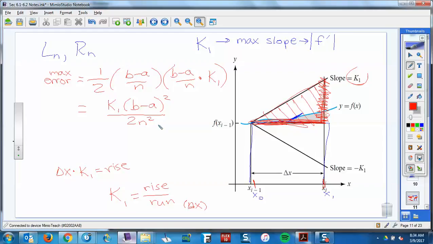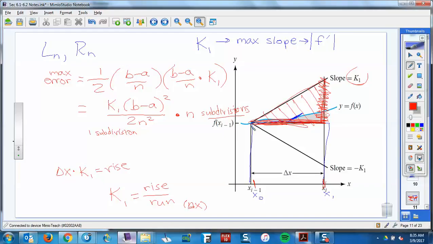But now that's for only one subdivision. This is the error for one subdivision. So now I need to multiply that by n subdivisions.